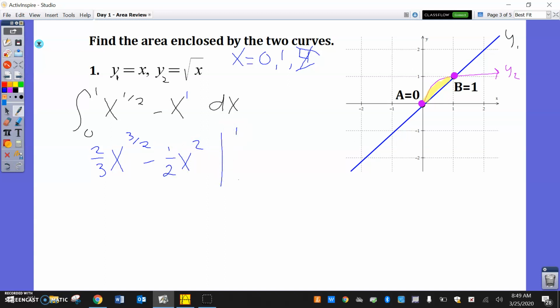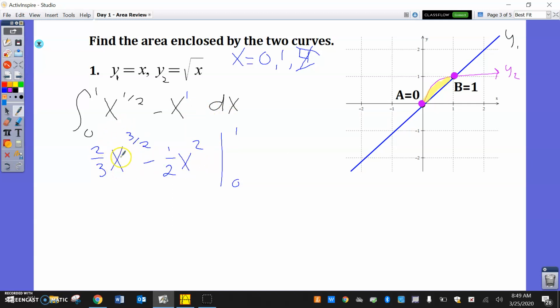And then I'm going to plug in 1, and I'm going to plug in 0, and then subtract the two numbers. You always plug in the top number first, get that value, plug in the bottom number, get that value, and then you do whatever you got on top minus whatever you got on the bottom. So 1 to any power is just going to be 1.